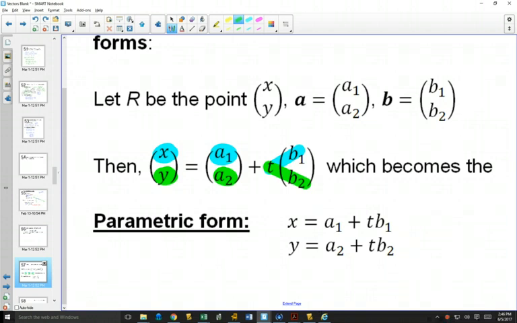And these are called our parametric equations. So by breaking down the components, we get the parametric form of our equation.